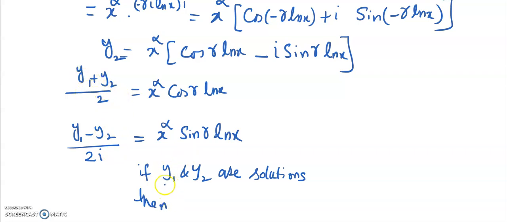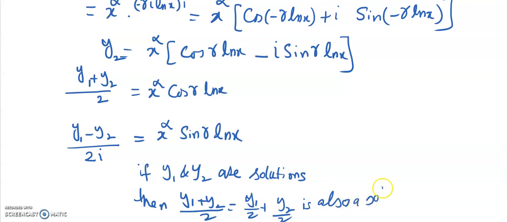So y1 plus y2 over 2 is equal to y1 over 2 plus y2 over 2, which is also a solution of the equation.